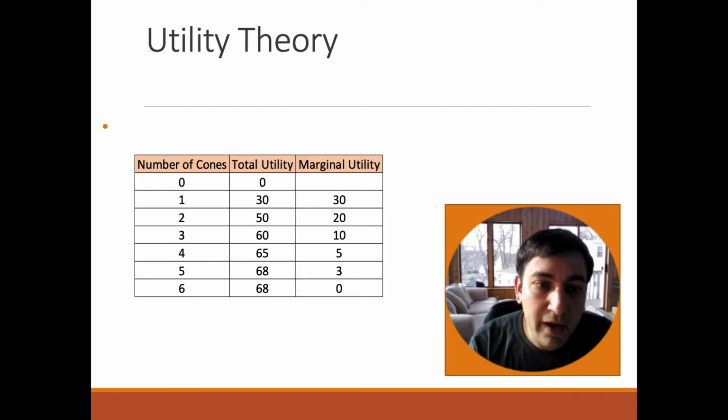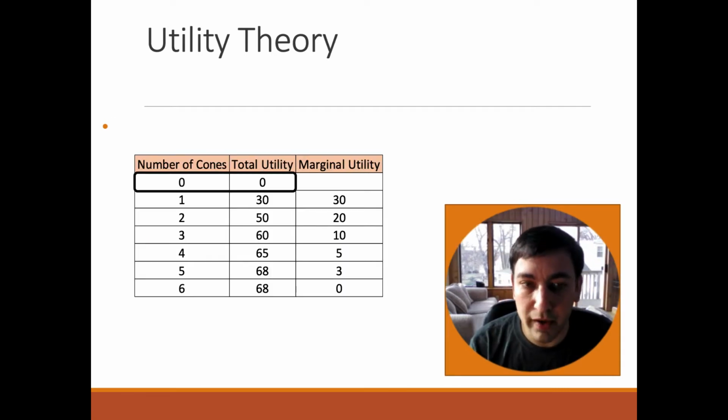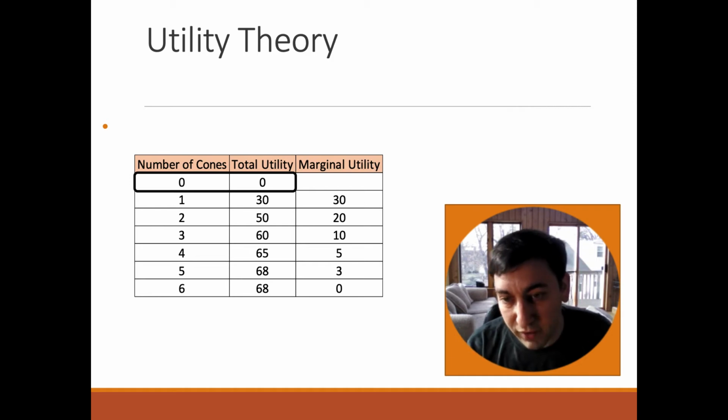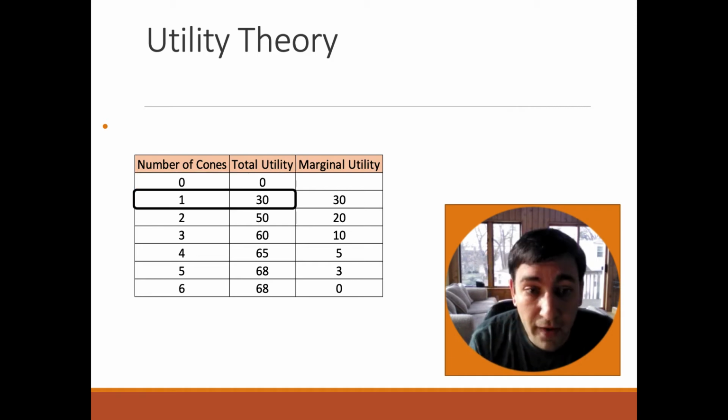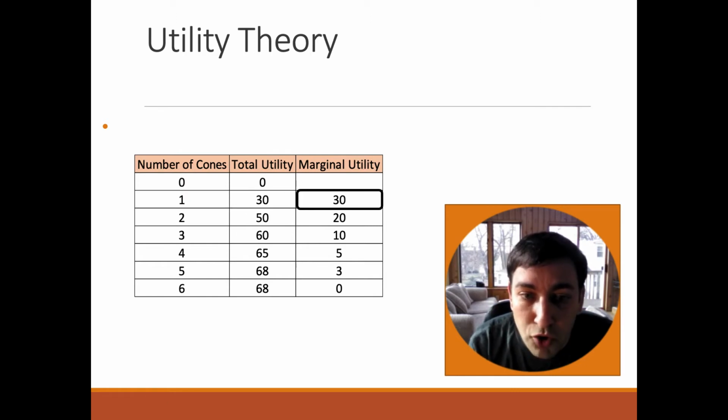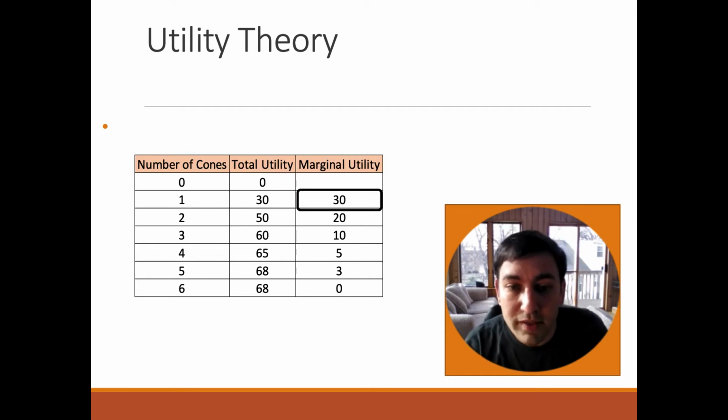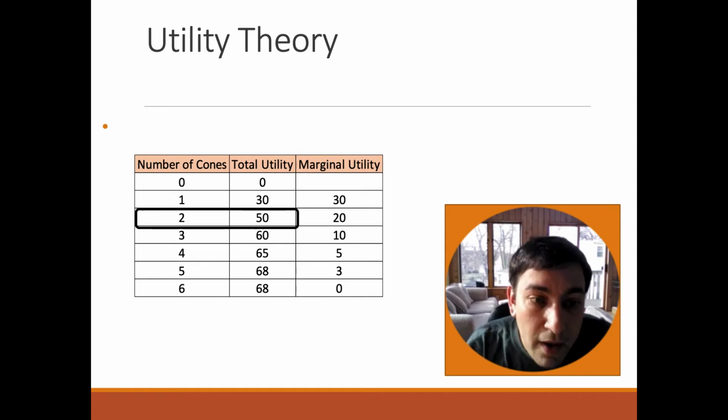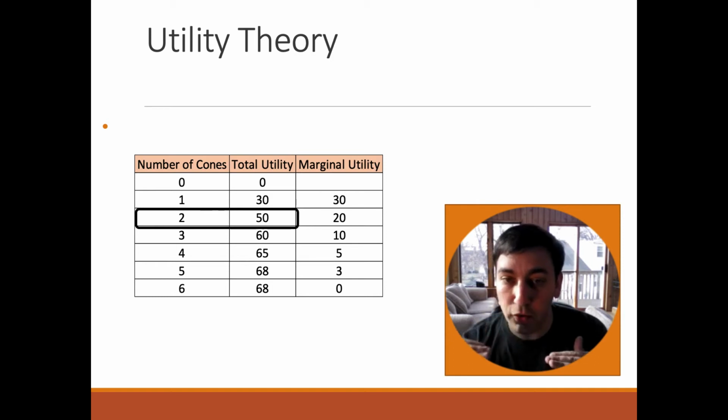So let's pretend we're looking at the number of ice cream cones I eat. If I eat 0 ice cream cones, I'm getting 0 units of satisfaction from consuming none of them. If I consume 1, I'm now at 30 levels of happiness, and my marginal utility is the change in total utility when I consume 1 more ice cream cone. So in this case, my utility went up by 30. If I have a second ice cream cone, I'm now at a 50 level unit of happiness.